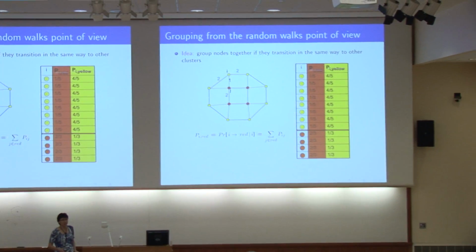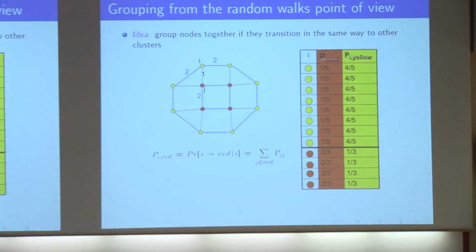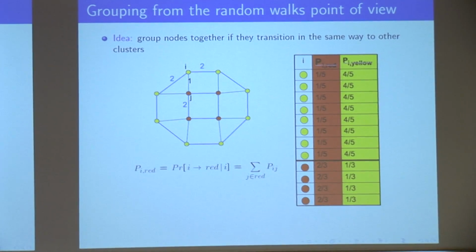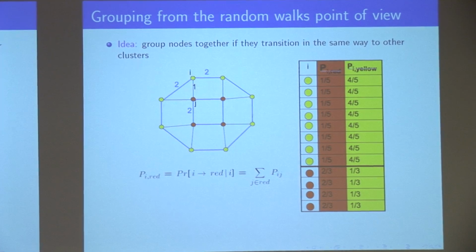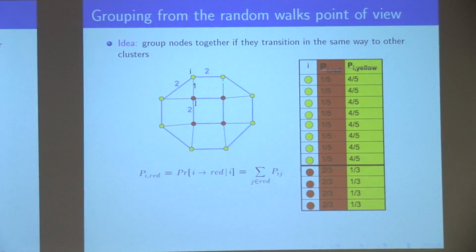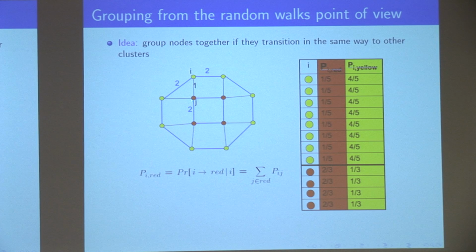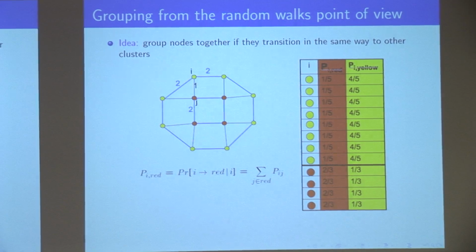And one simple idea is the following. Suppose that this is a simplified version of this example. I have an exterior ring and an interior ring. I have strong similarities within each cluster, yellow and red being the clusters, and I have weak similarities of value 1 in between the two rings. You can write the similarity and the transition matrix of this graph.